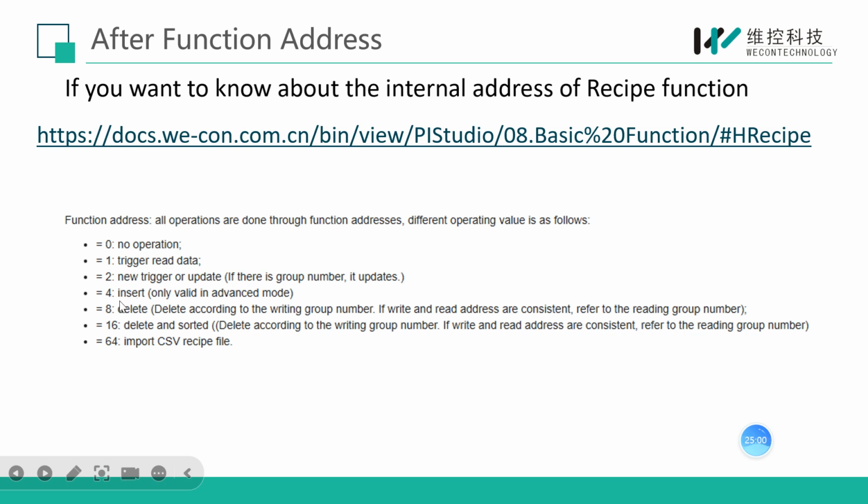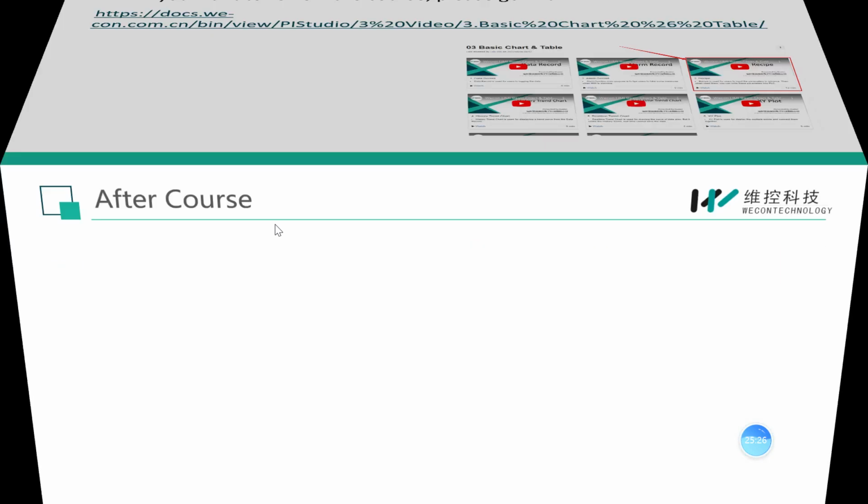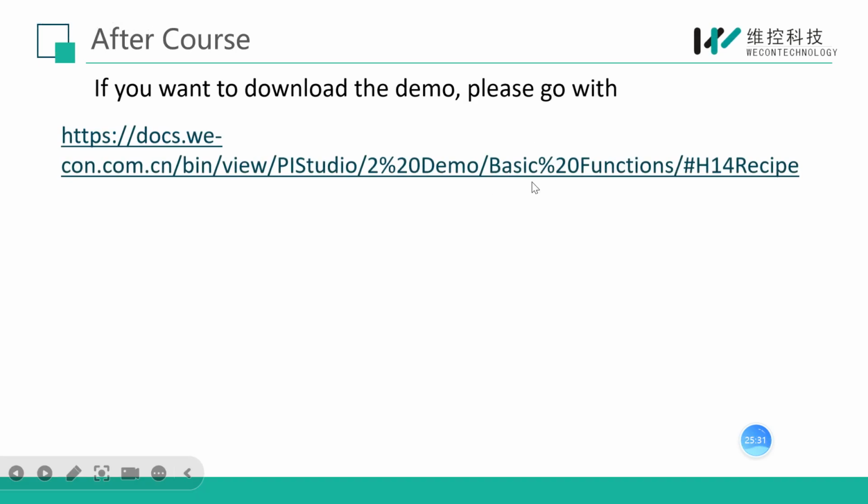The fourth one is to insert, and the last one, 64, is for import CSV recipe. For the details, you can review our video from our YouTube link, and we also have a demo you can download.